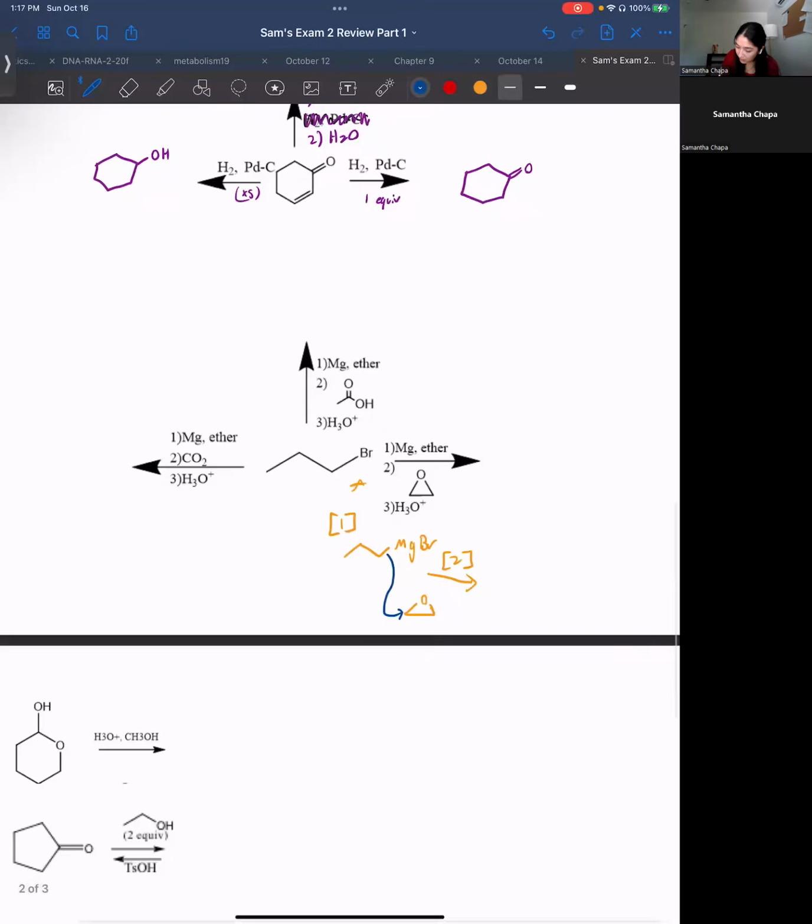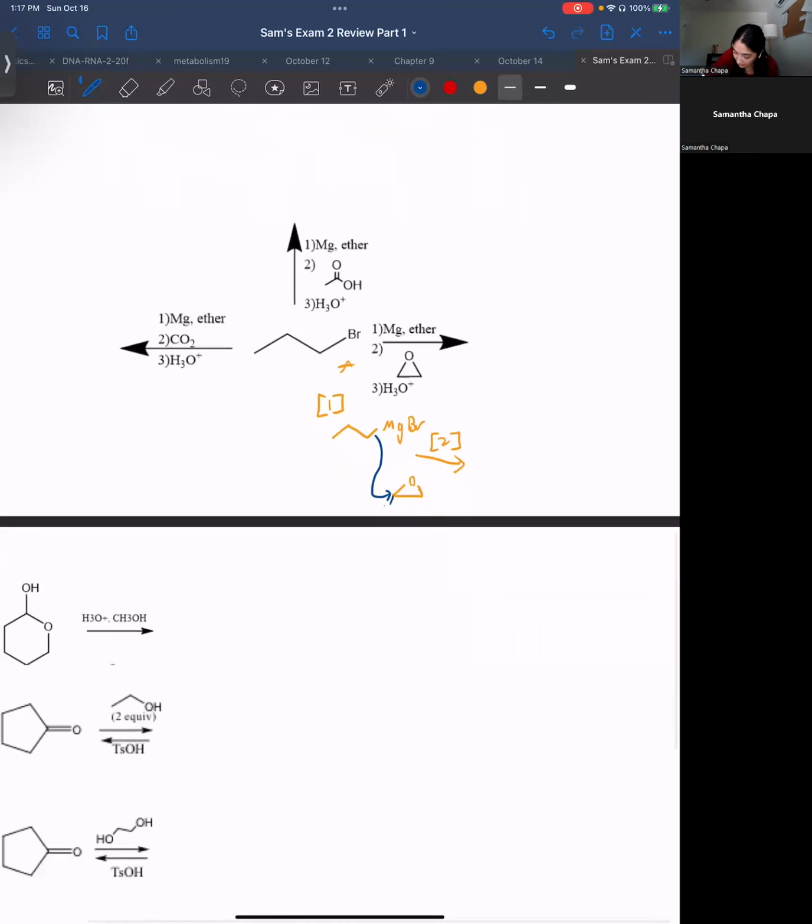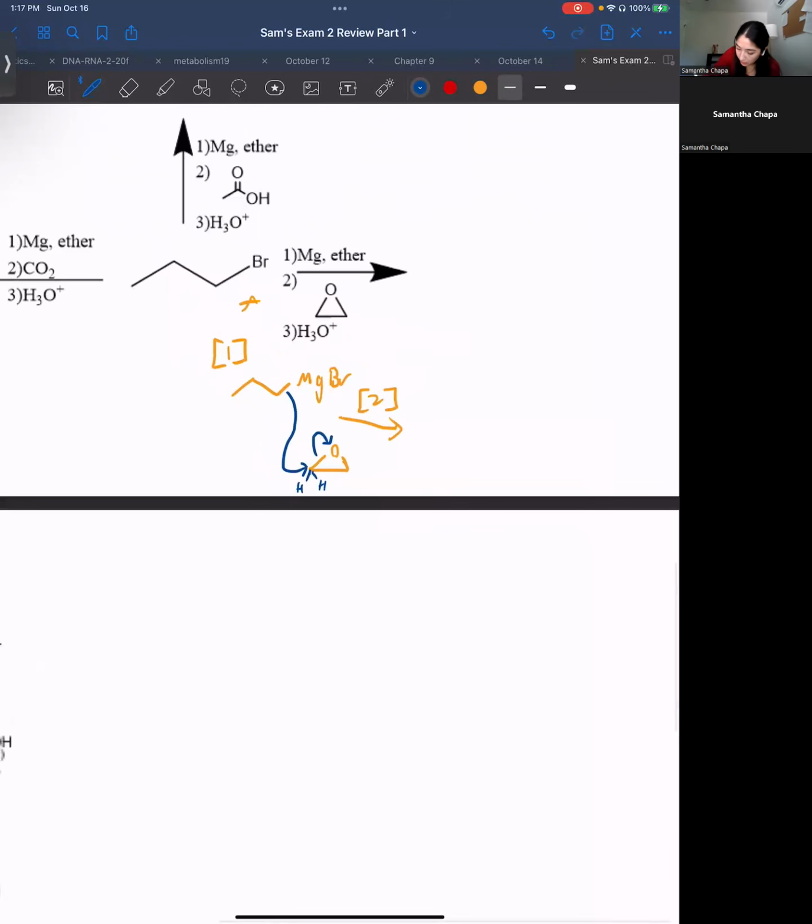When I attack, we already had 2 hydrogens on both of these carbons, and if I form another bond to that carbon, I'm going to break the octet rule. So I'm going to attack, and put the electrons on this bond on the oxygen. Let me number the product: 1, 2, 3, 4, 5.